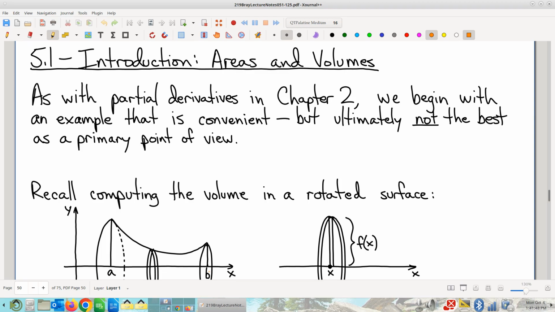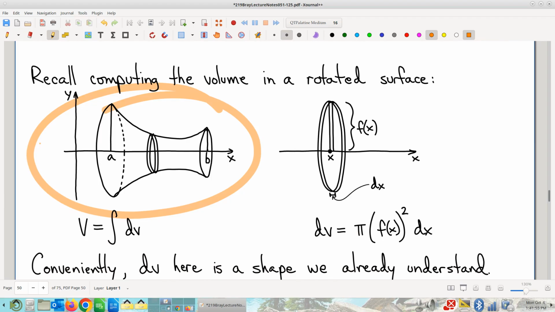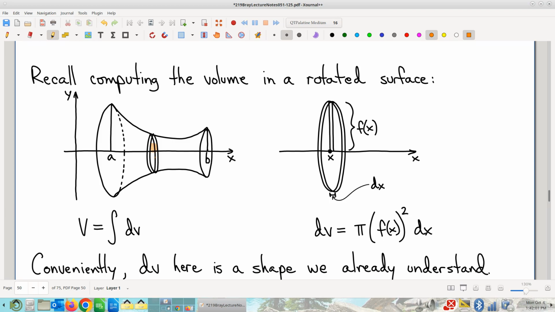Okay. All right. So y'all remember, I'm sure, this single variable calculus problem. If you have a rotated volume like this, how do you compute the total volume? And the idea is you kind of slice it up into a bunch of little, sort of coin-shaped little pieces like so.